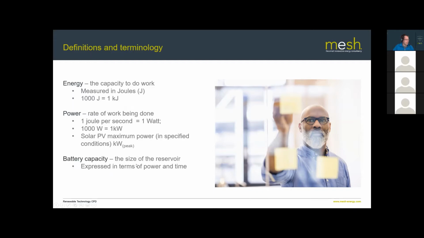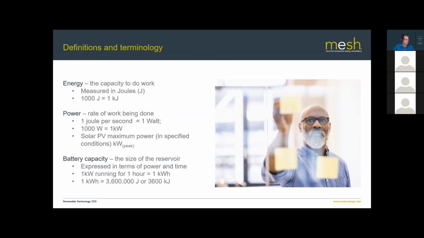The only other thing I'm going to talk about today is battery capacity, and that is the capacity of the battery to hold energy. That is actually a measurement of joules, but because the number would be so enormous when you talk about it in terms of joules, they talk about it in terms of power and time, which, when you cancel it all out, actually goes back to joules.